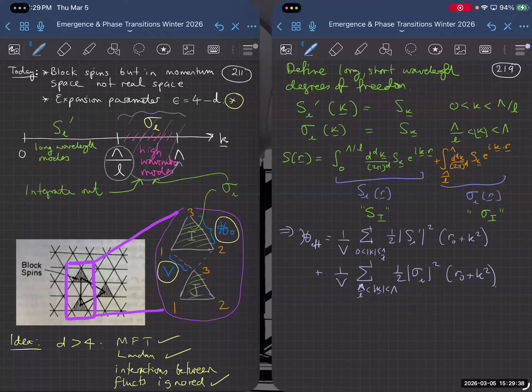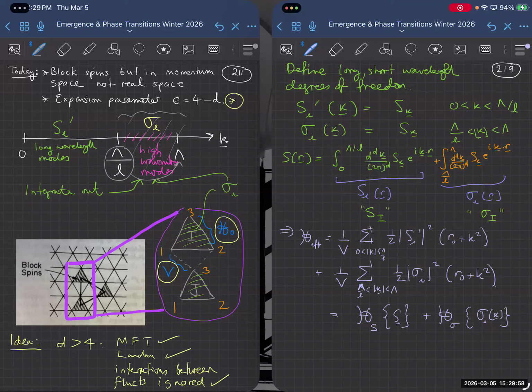And so I can think of the effective Hamiltonian as an effective Hamiltonian for the S degrees of freedom, the long wavelength degrees of freedom, and an effective Hamiltonian for the short wavelength degrees of freedom, which just depends on the sigmas.